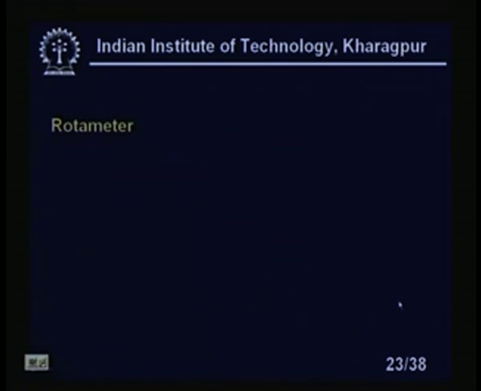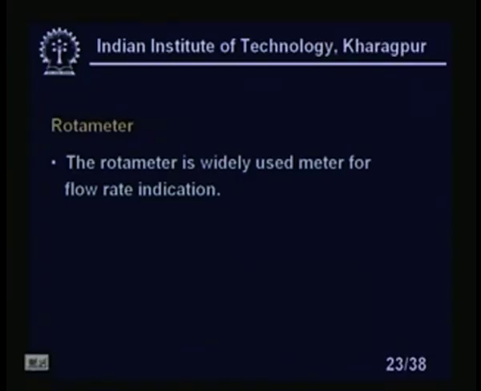Now, rotometer is slightly different. First of all, it is a variable area flow meter. So with this we are finishing these differential pressure meters. We are starting now rotometers. The rotometer basic principle is widely used for flow rate indication.